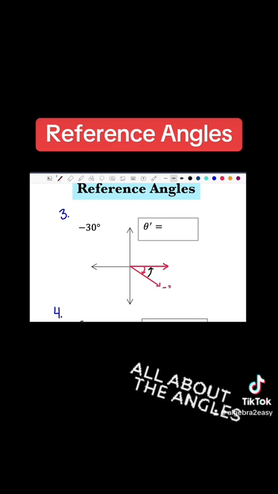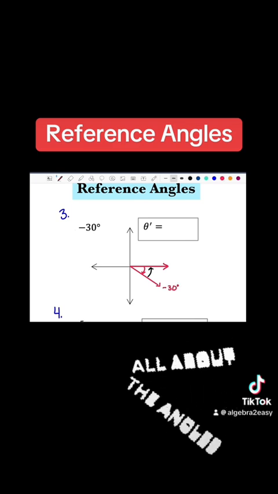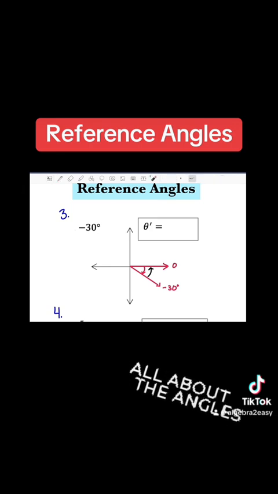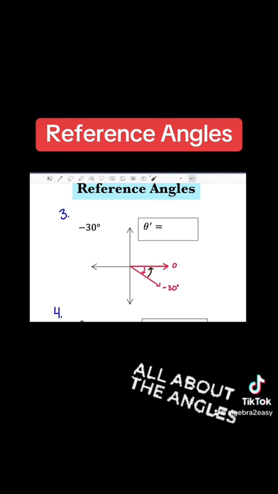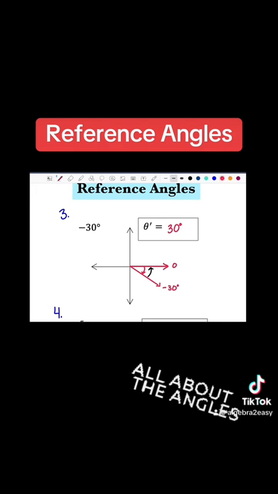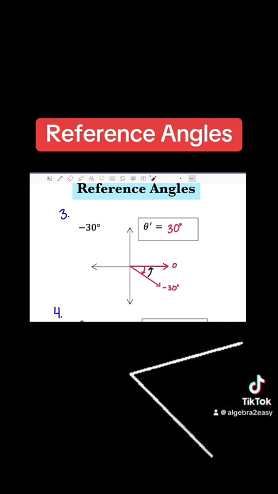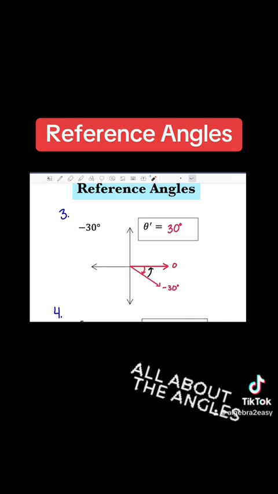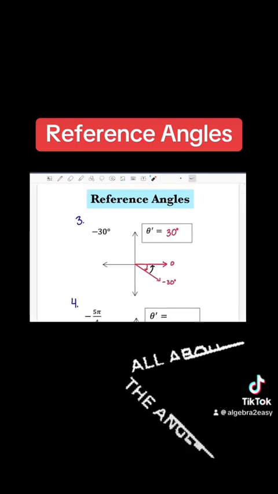And I could label my angle here as negative 30 degrees. That'd probably be helpful. So what is the reference angle here? Is it negative 30 or is it 30? It is 30 degrees. Remember, the reference angle is always a positive number. So regardless if your original angle is positive or negative, your reference angle will always be positive.